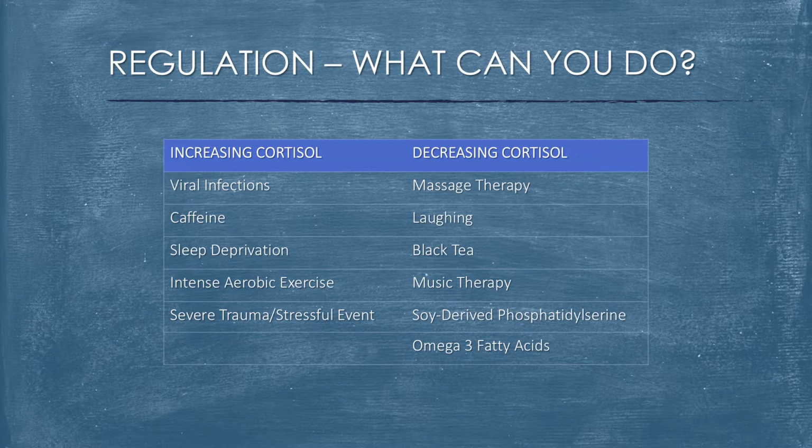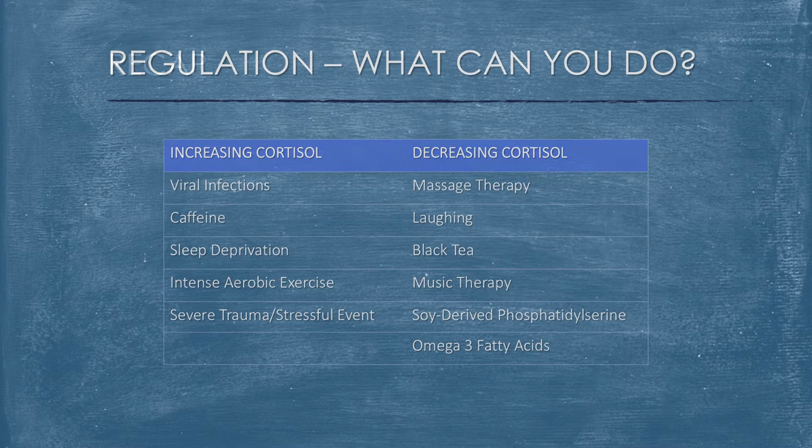You can also try black tea or soy-derived phosphatidylserine, which some of those include tuna, chicken legs, beef, carrots. Those foods will decrease your cortisol levels, as well as omega-3 fatty acids, which include fish, eggs, chia seeds, and those kinds of things. You can also try laughing. Engaging in some kind of humor will also help you decrease your cortisol levels.